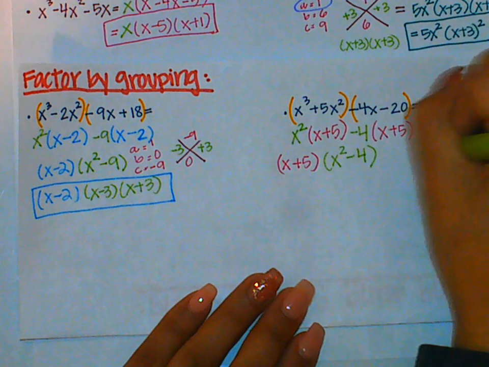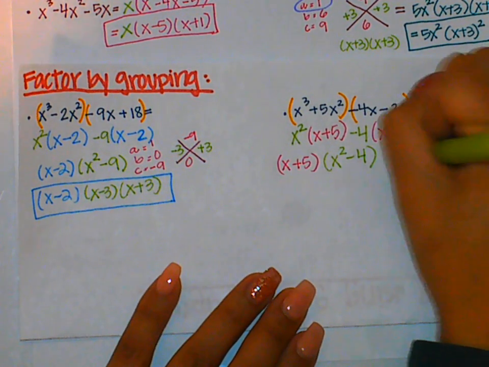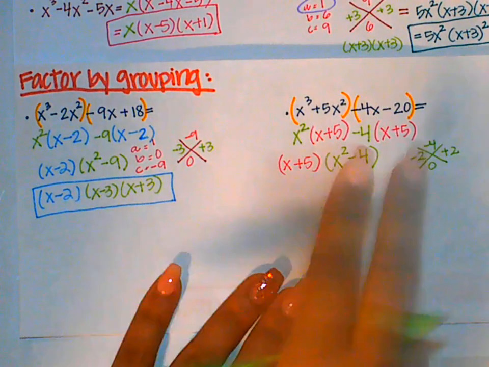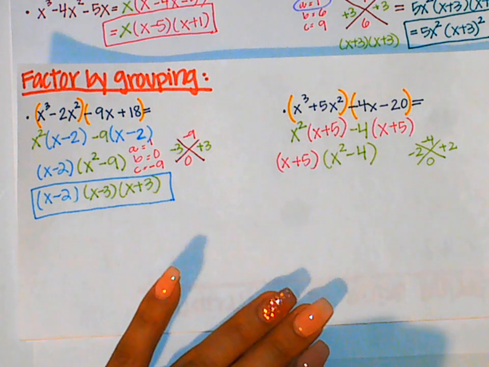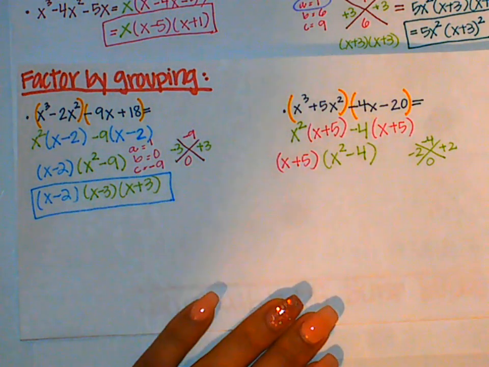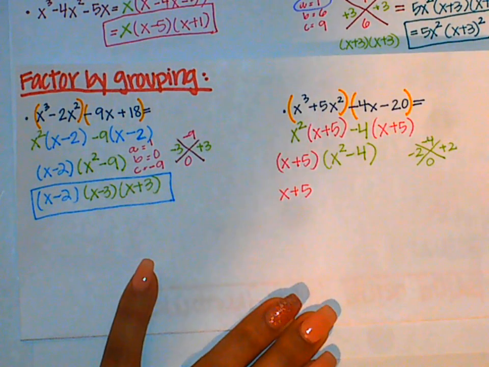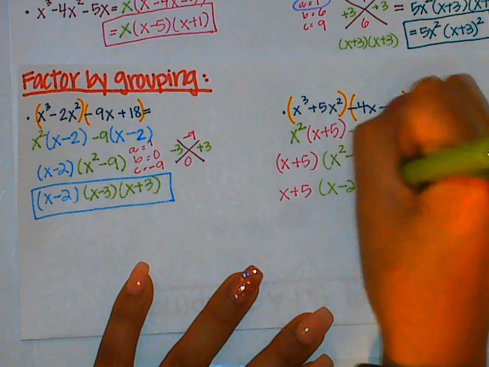So I'll get -4 and 0, which gives me -2 and +2. Again, this is just like one of these. They won't always be like that. The next one we do won't be like that. So I would get x plus 5 and then x minus 2 and x plus 2.